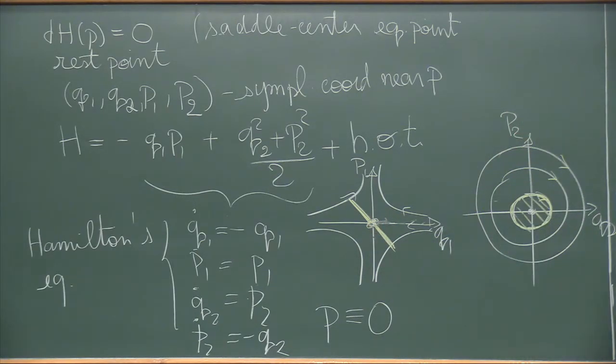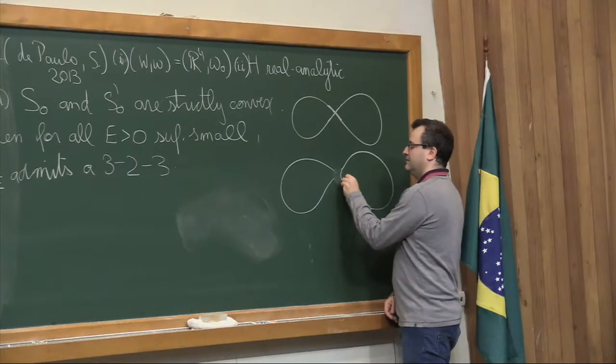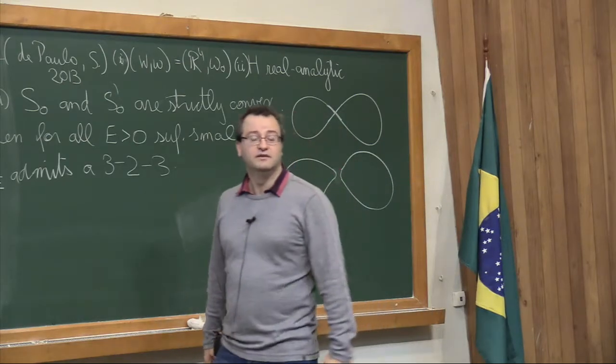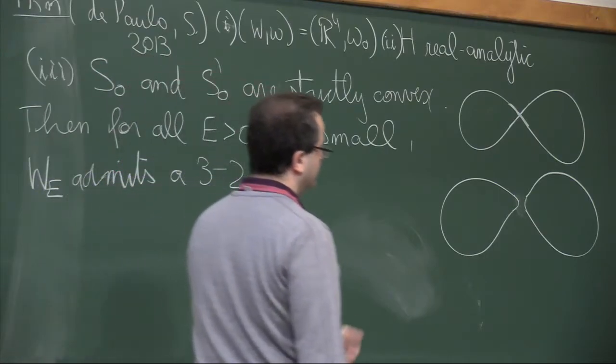So what we do, we choose a bump function, supported near the critical point, to take the energy levels slightly above, in such a way that they are deformed and you disconnect the binding, but preserving the rest of the component.